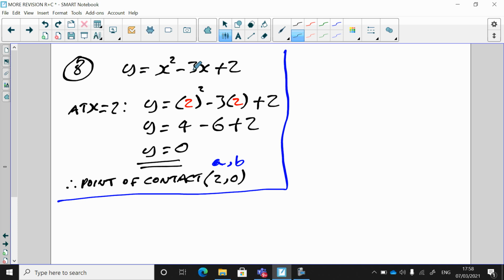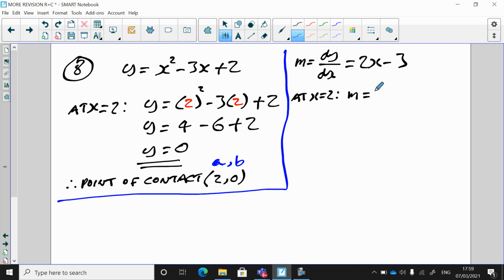and I'm going to go and get the gradient there. I can see I've got my function there. Well, the gradient is m, but really it's a change in y over a change in x. It's coming from the derivative of that thing there. So when I differentiate that there, I get 2x take 3. But the x value, it's 2 again, so x equals 2.